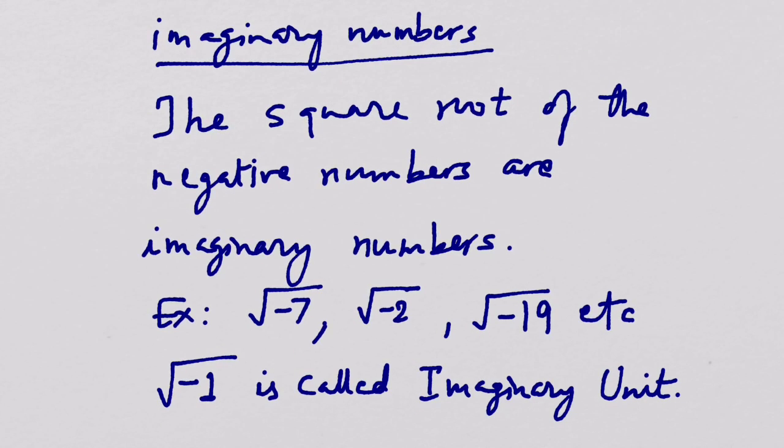The imaginary numbers: the square roots of the negative numbers are imaginary numbers, like under root -7, under root -2, under root -19. The square root of negative numbers are not real. These are called the imaginary numbers. And the basic imaginary number is under root of -1, which is also called the imaginary unit or the iota.